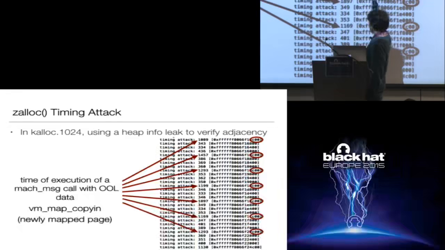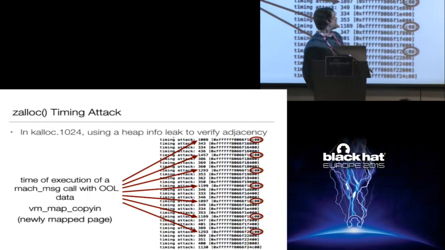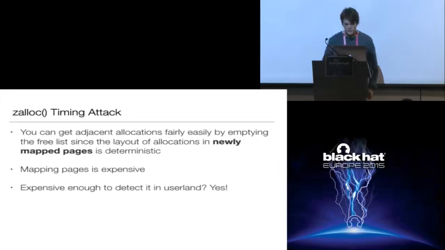And you can see that every 4 allocations I create, the time it takes to create the allocation essentially skyrockets. And I use a heap info leak over there, so you can see that every time the time spikes, a new page has been mapped in, and all subsequent allocations are adjacent in memory. So yes, it is expensive enough to detect it in userland.